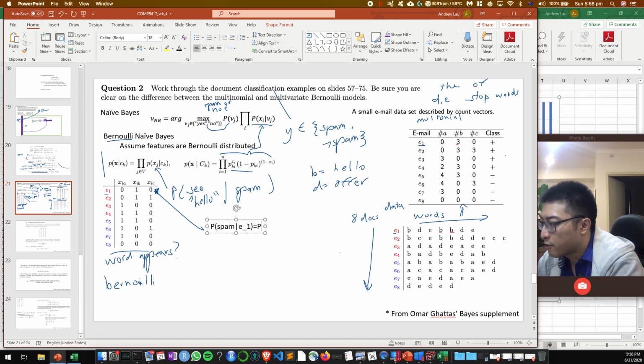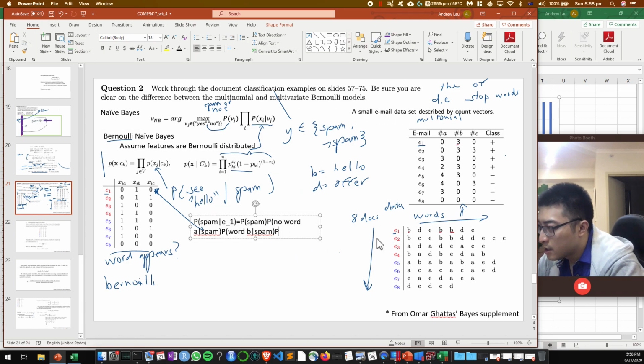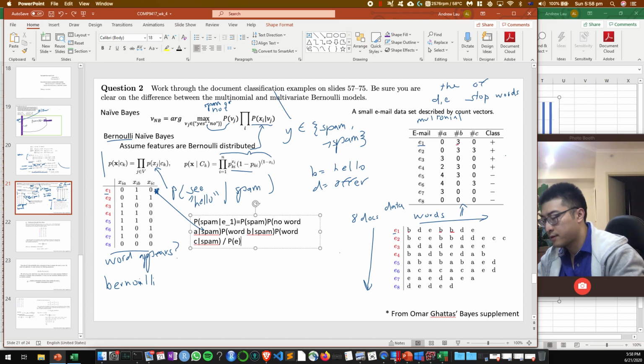And then you just put in the prior probability of spam times the probability of, let's say, no word A given spam, times the probability of no word B given spam, times the probability of word C given spam, and then of course you'd have your scaling factor, the probability of seeing the document E1.